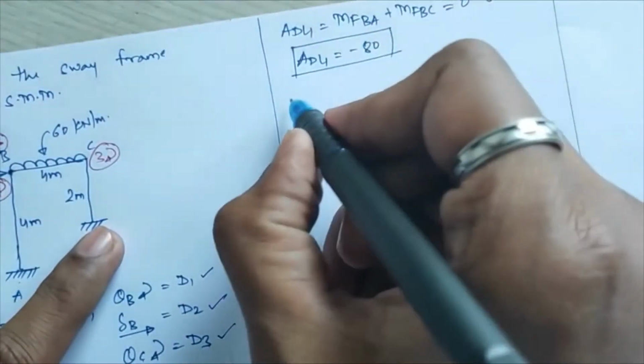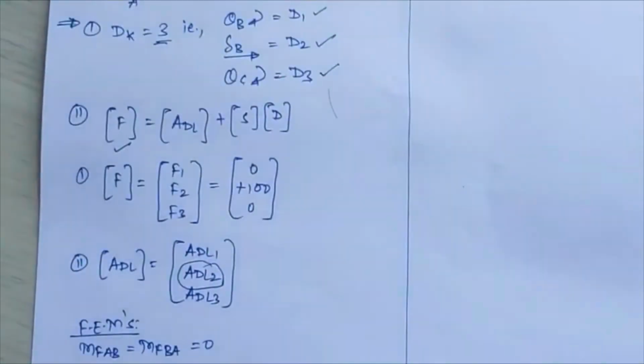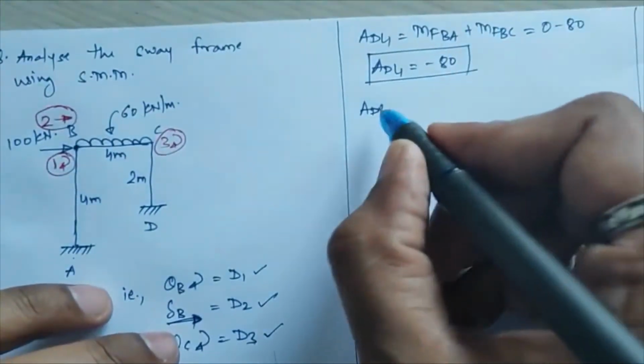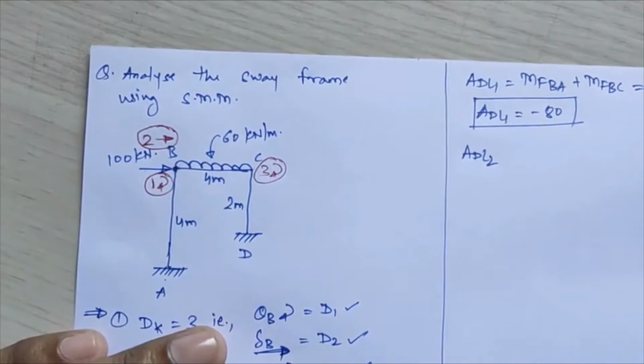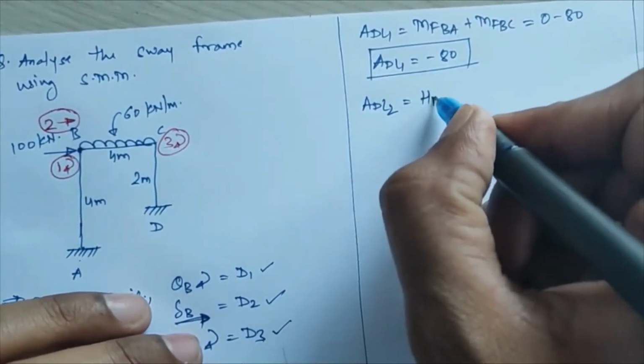Next, I have to calculate the ADL2 value. But for ADL2, you have to calculate the corresponding force. So I need to calculate the corresponding force at this joint B. I have told you that the horizontal reaction at point B will be your value of ADL2. That is, you have to calculate the HB value here.